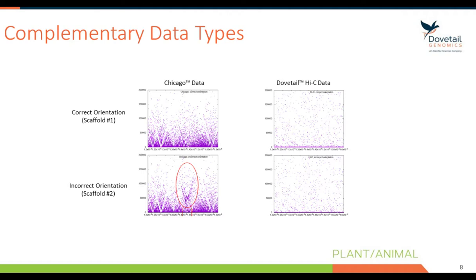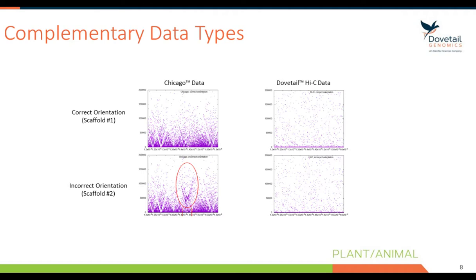You notice that in the Hi-C data, in the same region of the genome, there's no difference between the top and bottom plots. In other words, Hi-C data is not able to allow HiRISE to find these misjoins. The reason is that it doesn't have a high enough density.